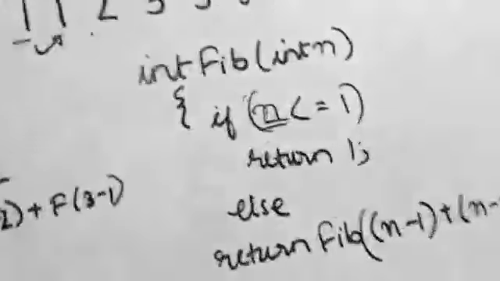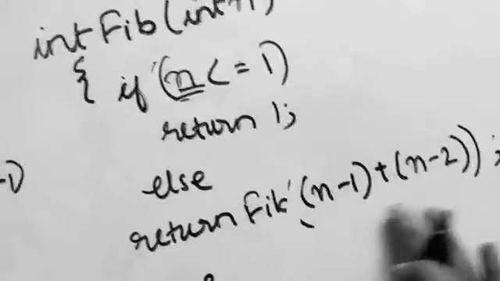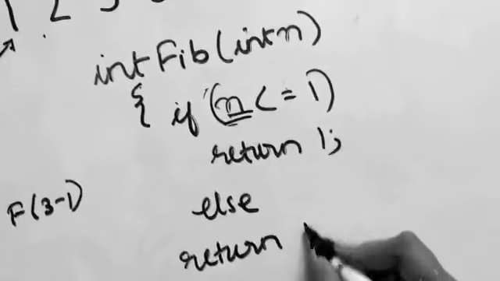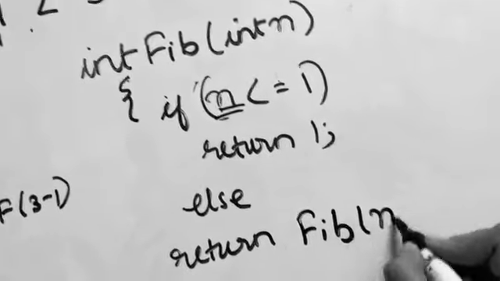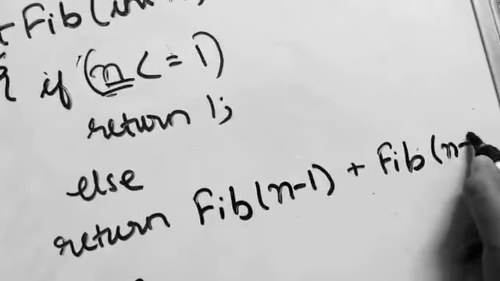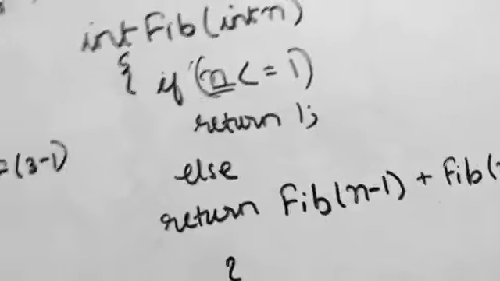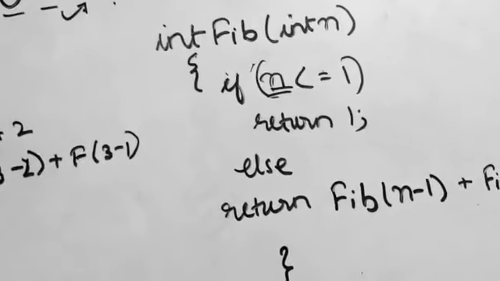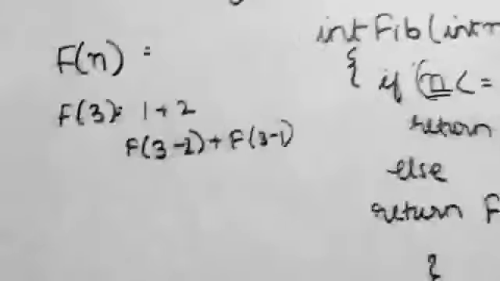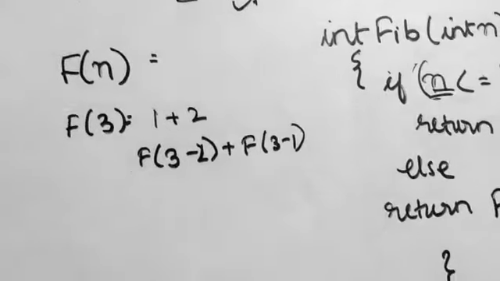For our convenience, let us say that this is wrong actually. This has to be f(n minus 1) plus f(n minus 2), which is equally not beneficial, right? Equally disadvantageous.